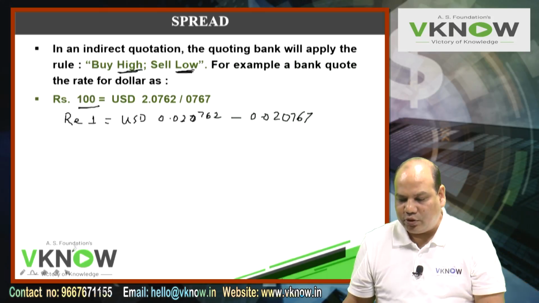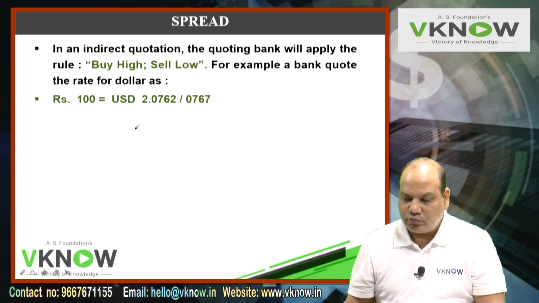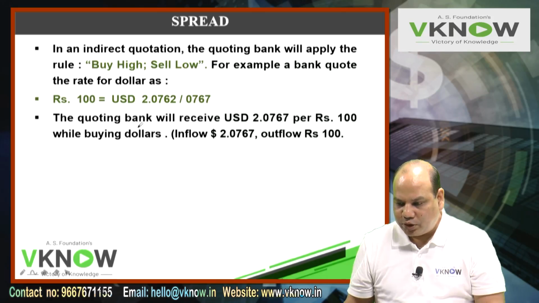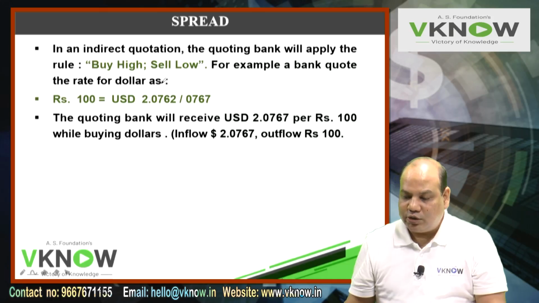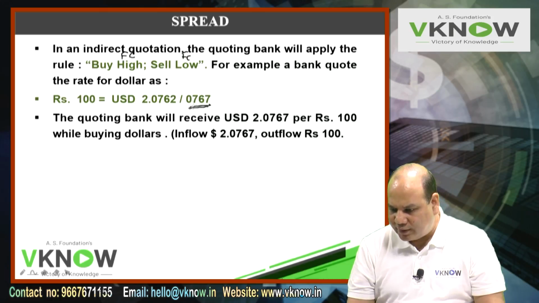So that it is easy for anybody to understand. Understanding fractions becomes very difficult sometimes. So what this bank is doing, buy high, sell low. Which currency they will buy high? Dollar, foreign currency. Sell low, foreign currency. Which figure is higher here?